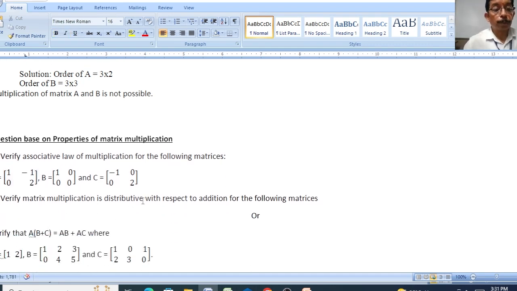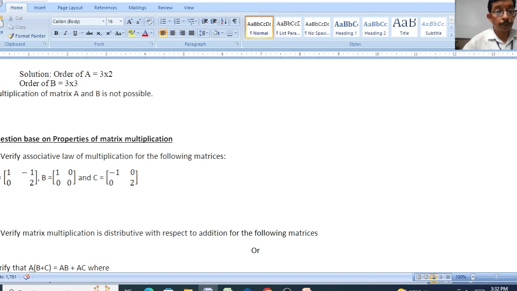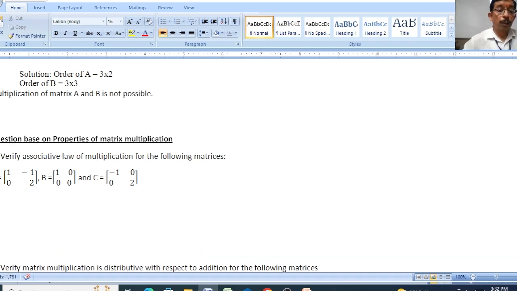Properties of matrix multiplication. Verify the associative law of multiplication. What is the associative law of multiplication?